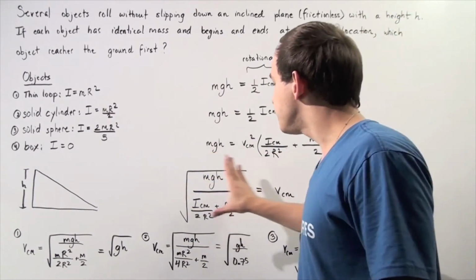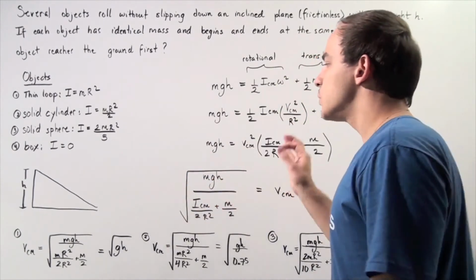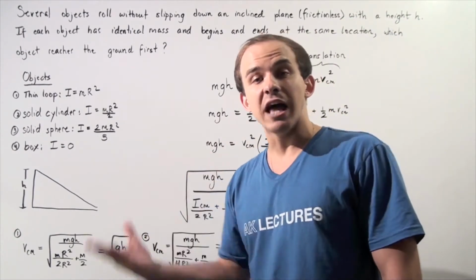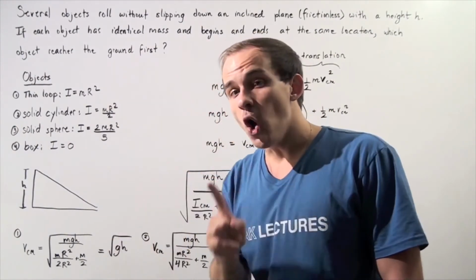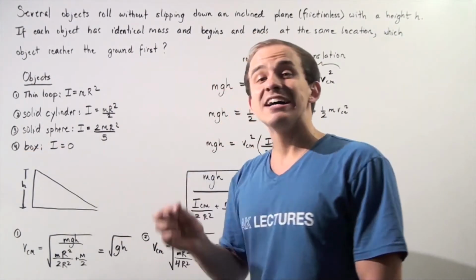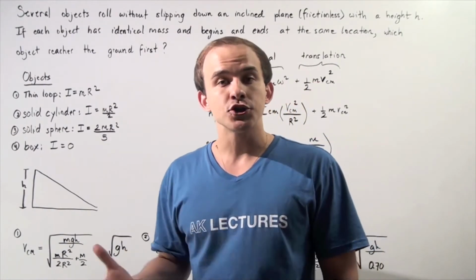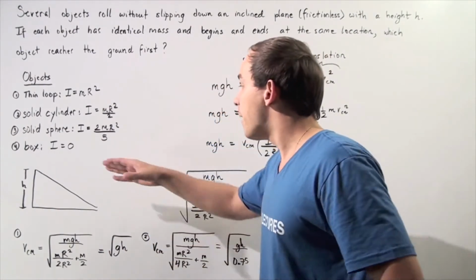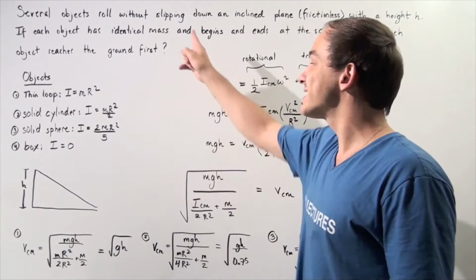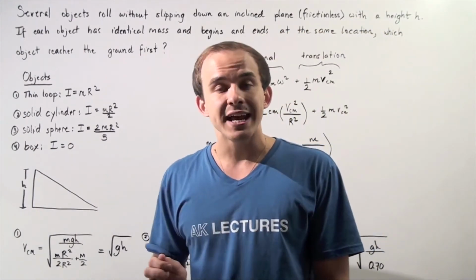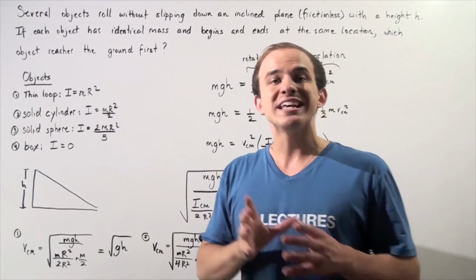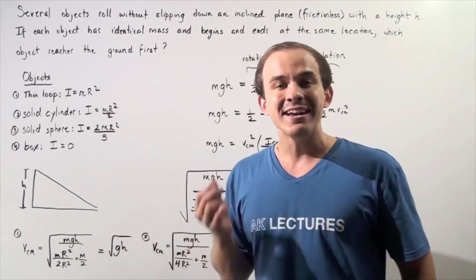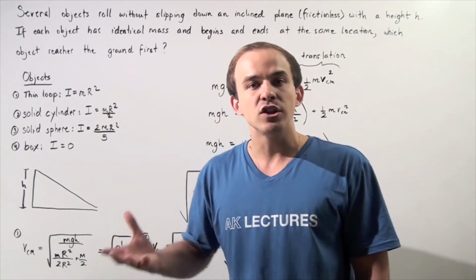So now we have to use this equation to calculate what the final velocity of each object is at the bottom. Now notice the box has no moment of inertia, and that's because when the box is sliding without slipping, it's not rotating.